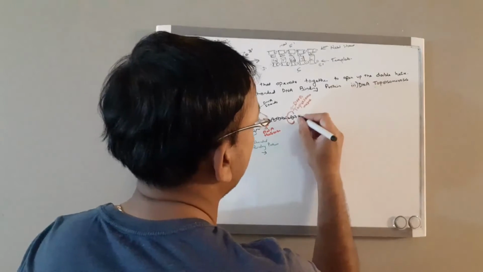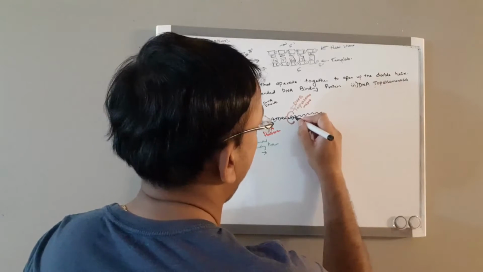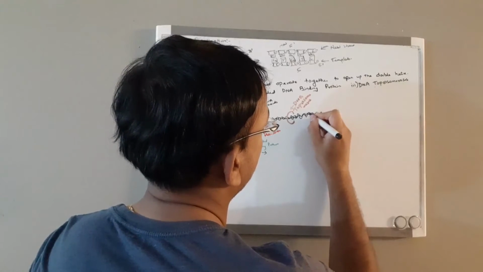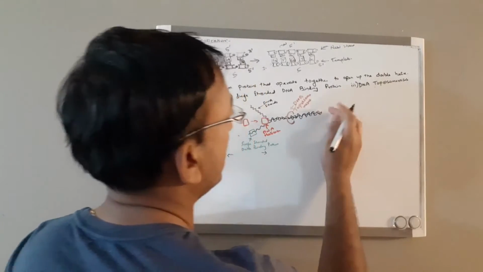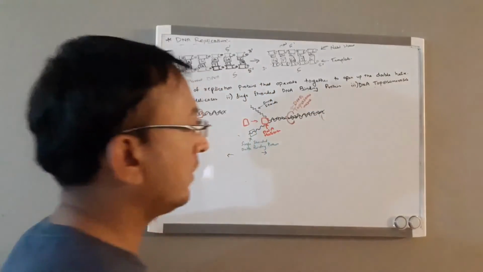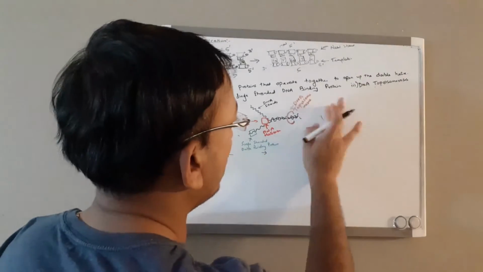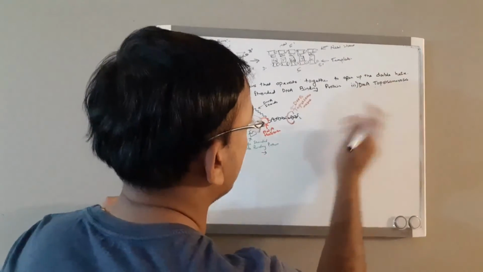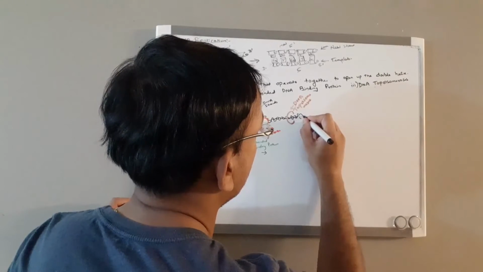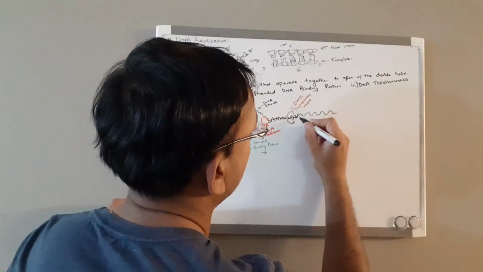So for example, this is our helix. This is our helix. Okay, so let me make a bigger picture so you will be able to understand.